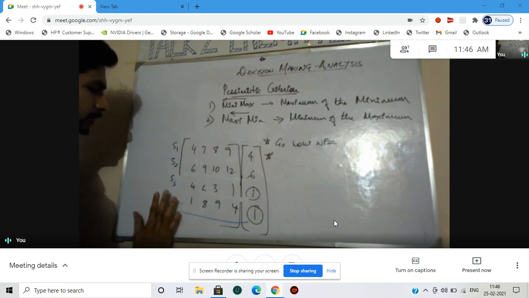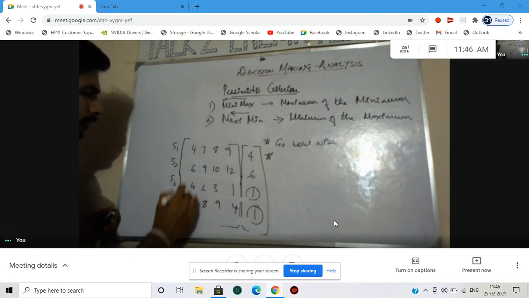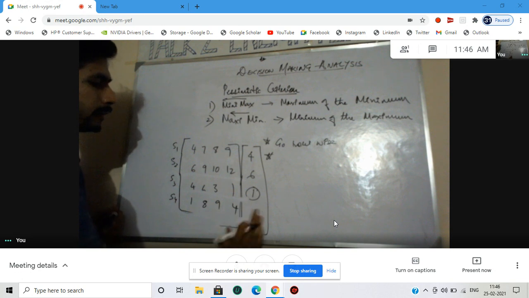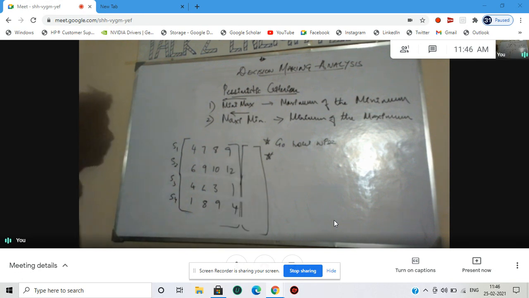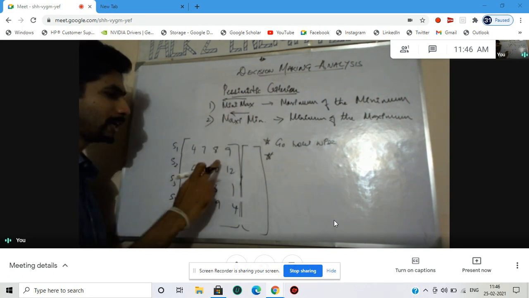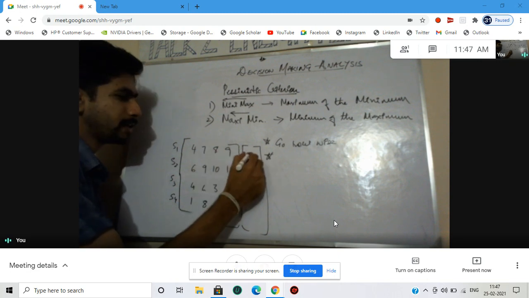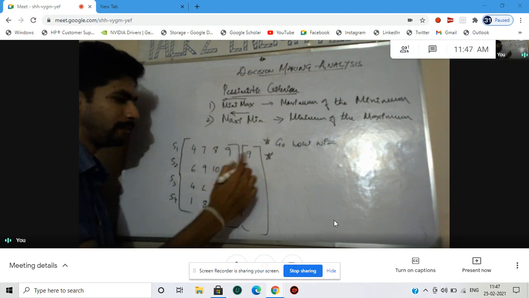Again, four strategies: S1, S2, S3, S4. All right. Again, these values change. So what I do is first I go row wise. I will see the maximum value. In the first row, the maximum is 9. In the second row, the maximum is 12.